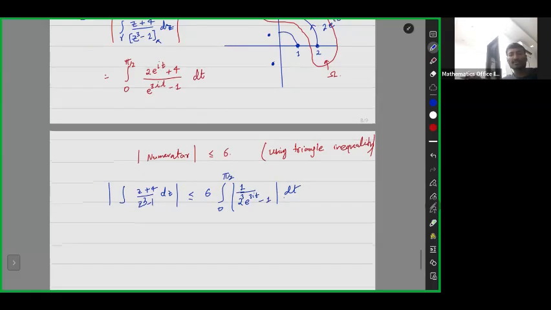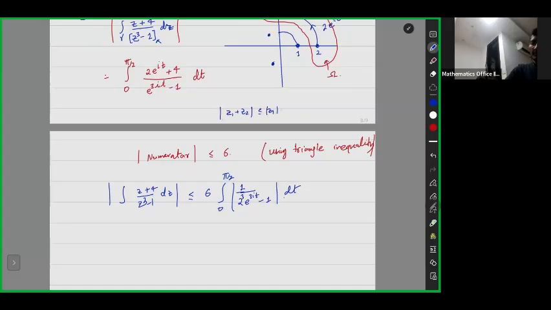Fine. So 6 is coming from the numerator because the numerator is bounded by 6. What am I using? The triangle inequality, which says the modulus of z1 plus z2 is less than or equal to mod z1 plus mod z2.